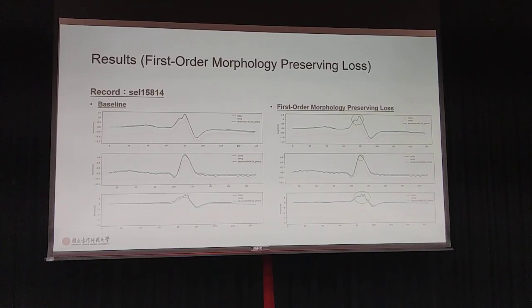On the right side, the errors highlighted by the green circles are corrected by our proposed loss function. The model is able to maintain the waveform. Here you can see it preserves turning points and high frequency peaks of the QRS complex. It visually converges better with the first order loss and eliminates the morphological distortion caused by oversmoothing.